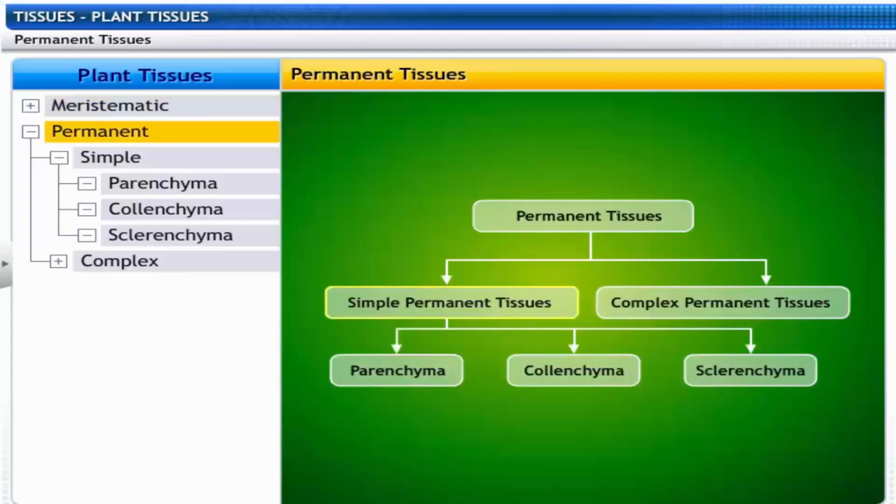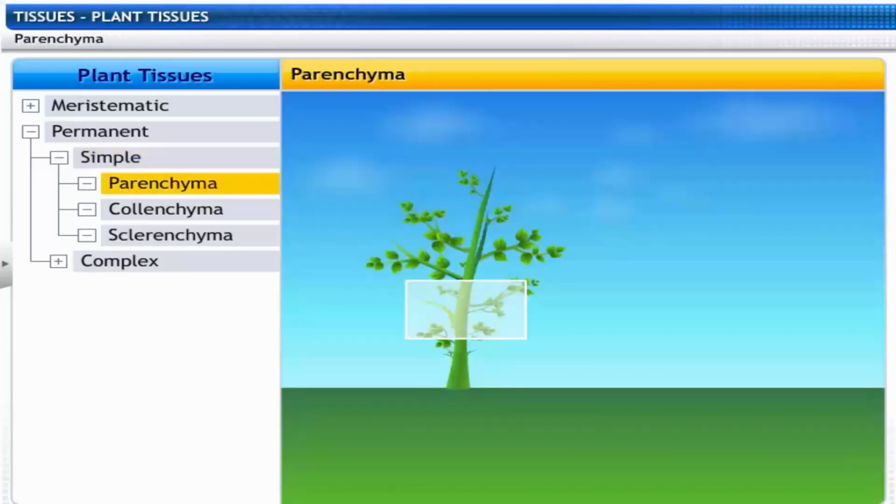Permanent tissues can be simple or complex, depending upon their structure and function. Simple permanent tissues include parenchyma, collenchyma, and sclerenchyma. This is a stem.